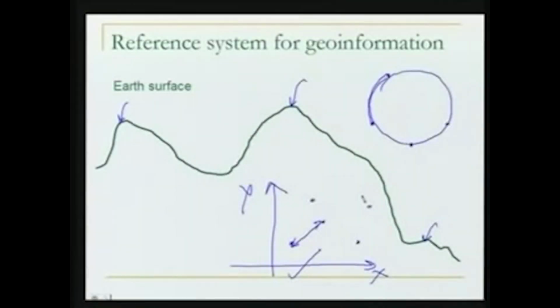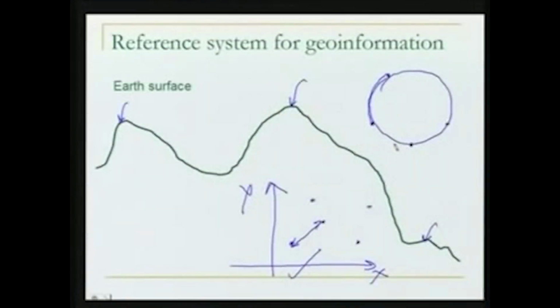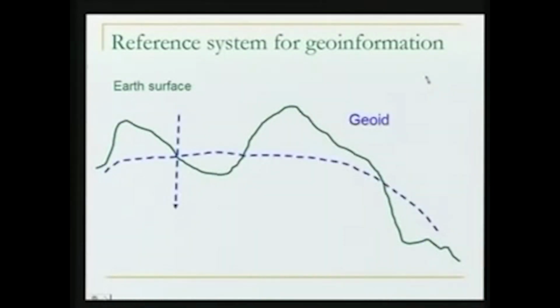Then next, if the ground surface cannot be taken as a reference, what could be the reference in order to make a map of the entire earth, or maybe a part of the earth? Well, we'll see one more curve here, and this curve is called the geoid. Now, what is the meaning of geoid?